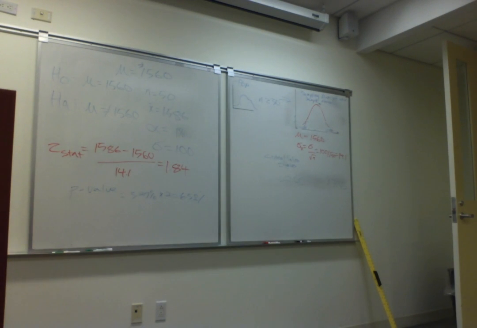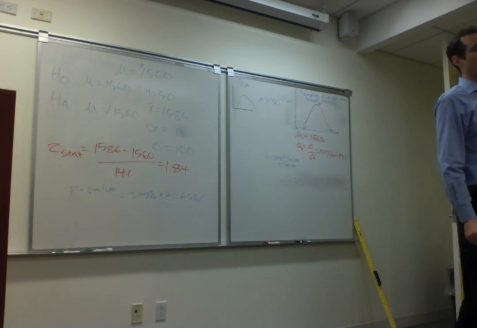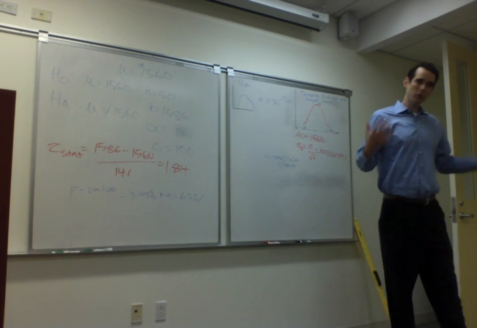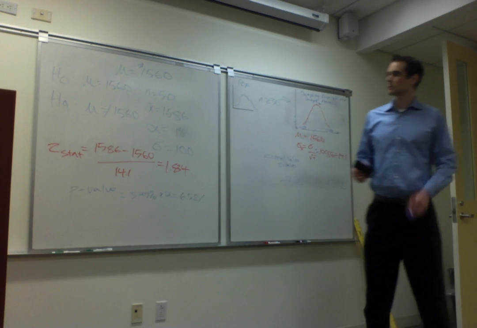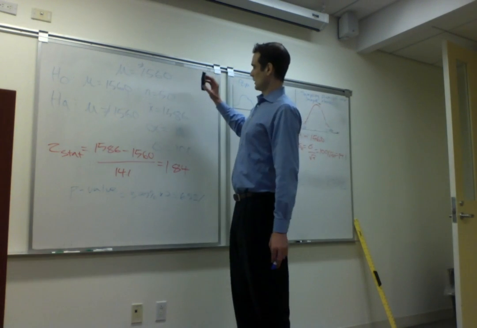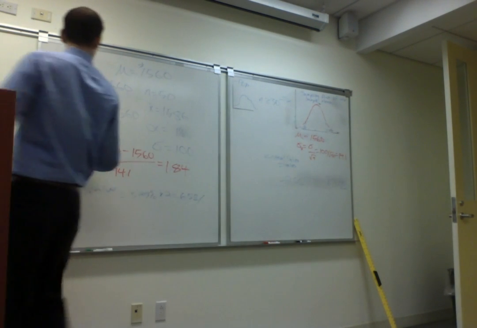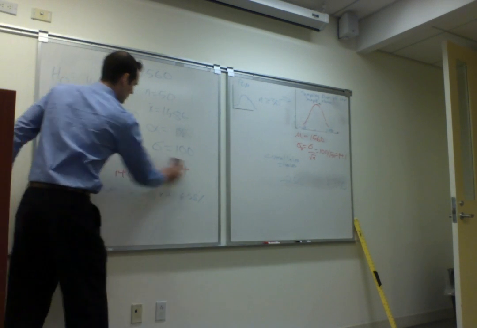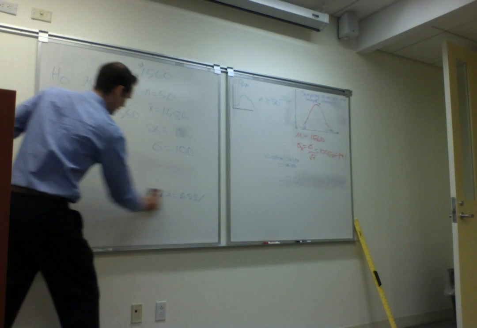I want to just look at it from one side of the equation and conduct what we'll call a one-tail hypothesis test. So we're going to go through the same sort of process. Let me just erase some of this. We may have to do it again, but that's fine.